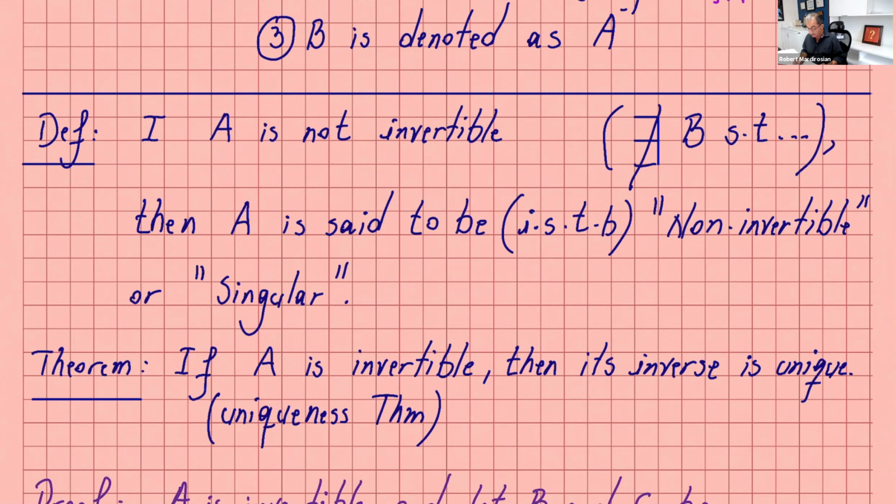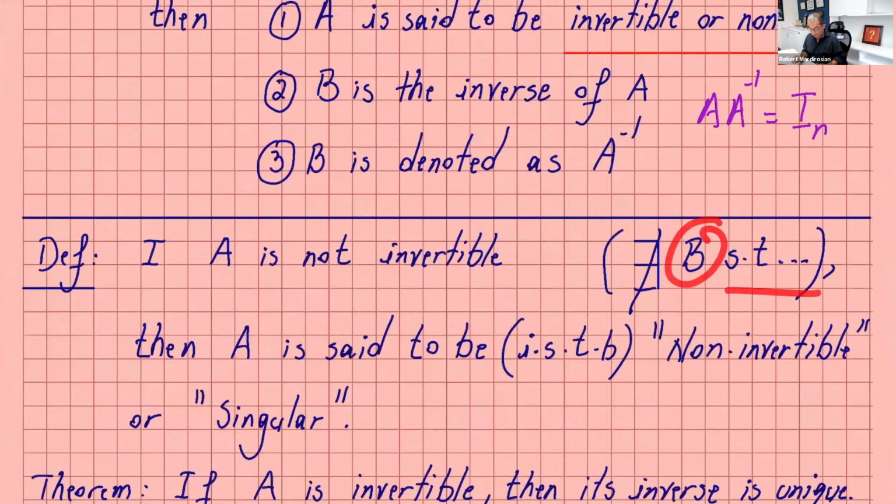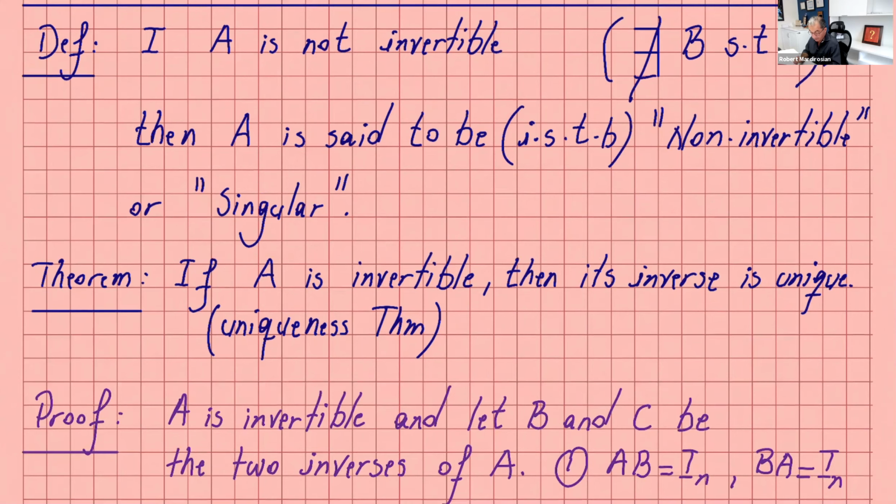Then there doesn't exist a matrix B such that we have all these conditions. If that happens, then A is said to be non-invertible or singular. So a non-invertible matrix is also called a singular matrix.